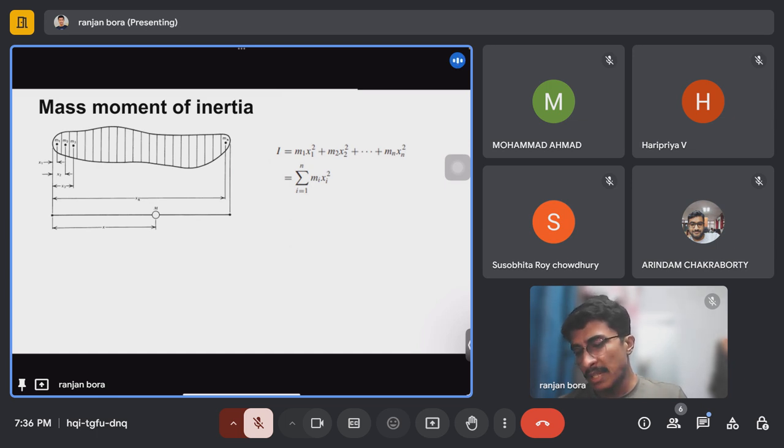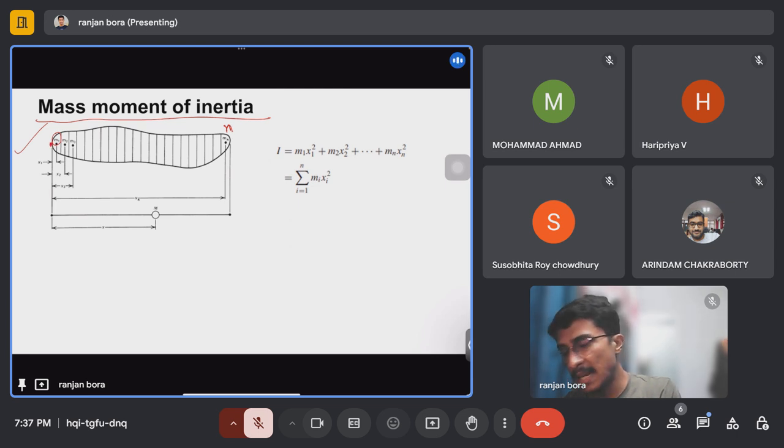Now we'll study what a mass moment of inertia is. In this figure you can see there is a body segment, and we are dividing the body segment into n parts, and each part has its own mass. Part 1 has mass m1 and it is at a distance of x1 from the left end.